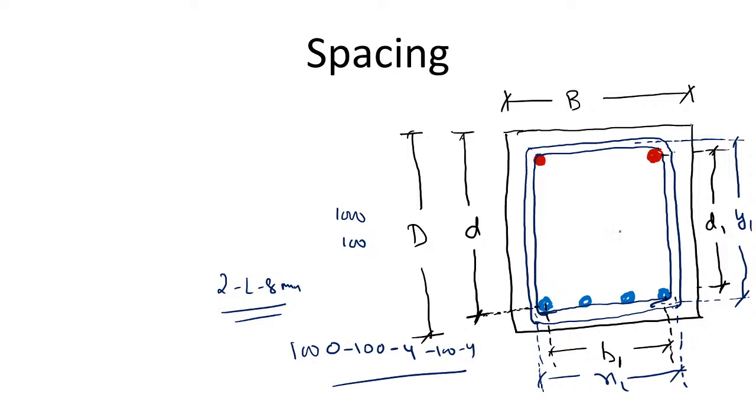So like that you can calculate the value of y1. And further, if you want to calculate the value of d1 and b1, then again these values are to be reduced, like half of the diameter of the reinforcement from the bottom and the sides. Is it clear? So like that we are going to detail here.